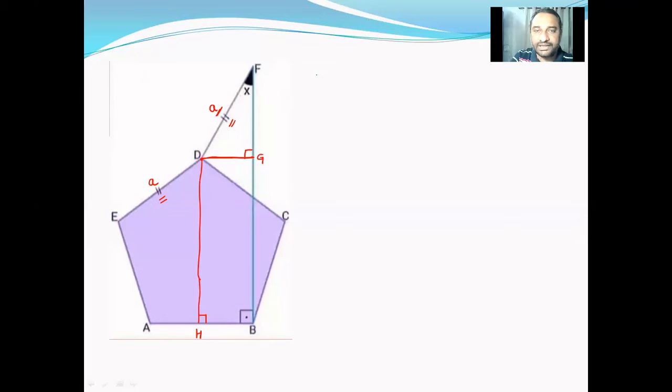In the question it is already given that ED is equal to DF. So let ED equal EF equal A. Now, AB is also equal to A, because AB is also a side of a pentagon.